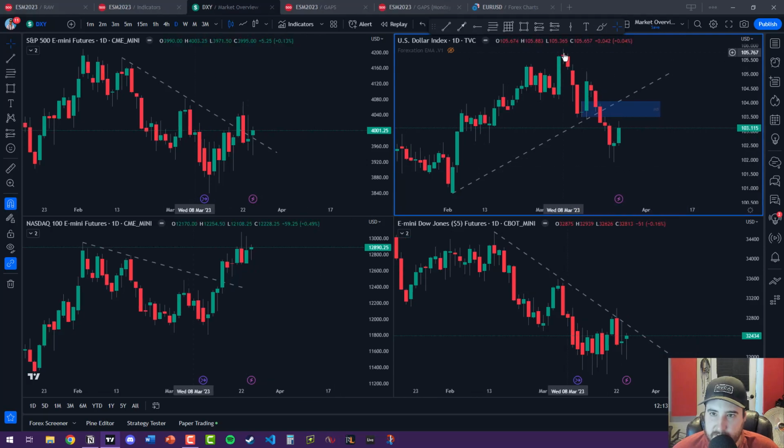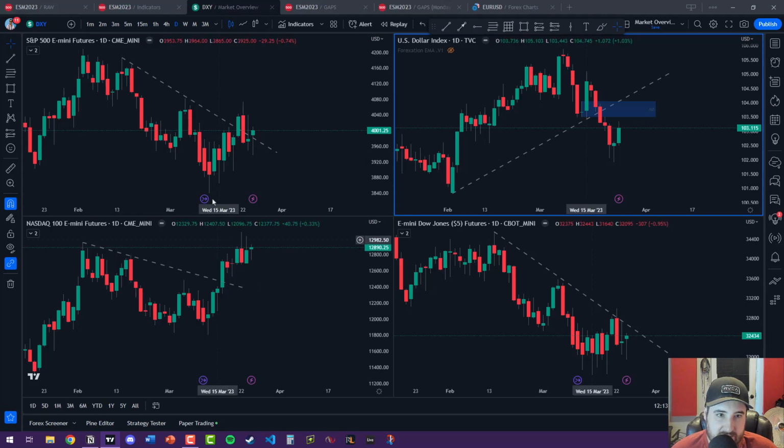We went up, down, up again, and then down through it. So that last down candle, or just the swing of that, is the mitigation block. We might tap in somewhere right at the bottom or 50% and then continue on down in the dollar, which means these are likely to continue up.